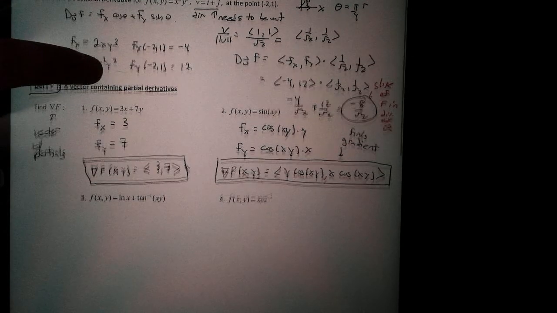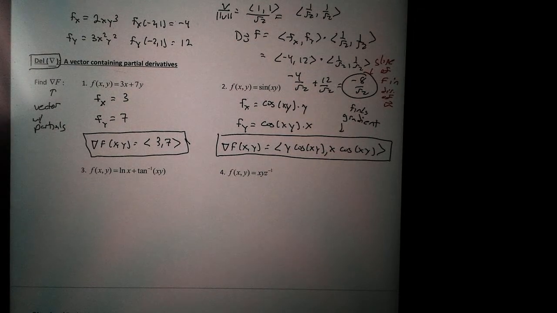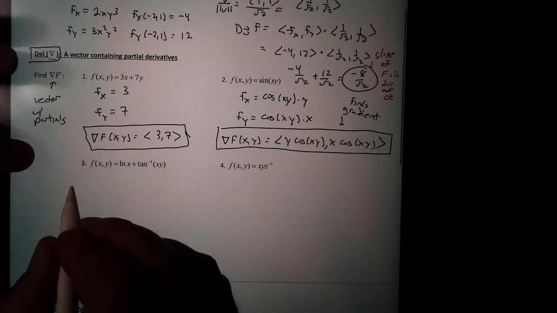So that will find what we call the gradient of a function, which is a very special, unique tool for us. It finds the direction of maximum increase on a function. Sounds kind of familiar to us, right? Optimizations, yay.